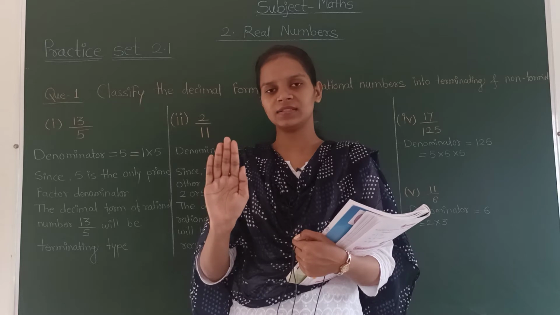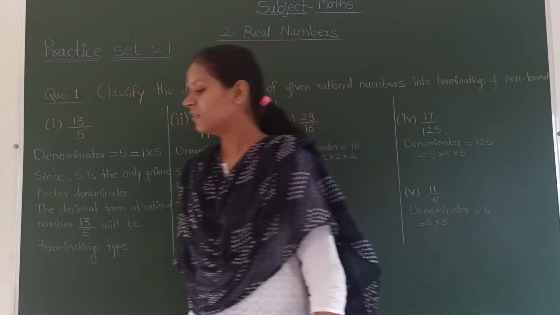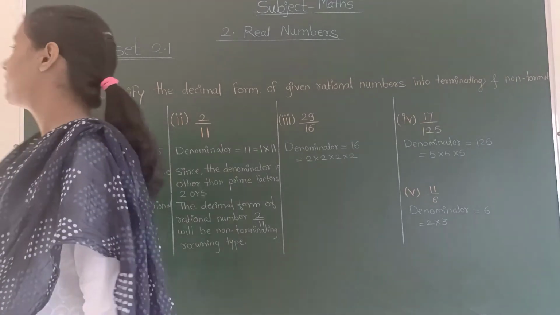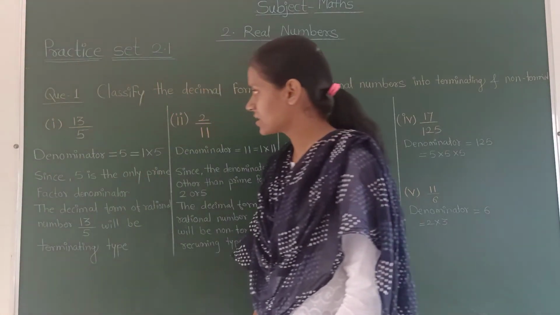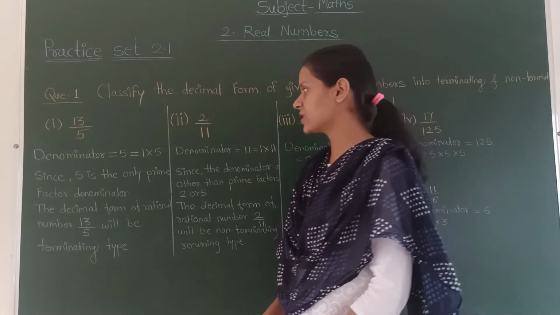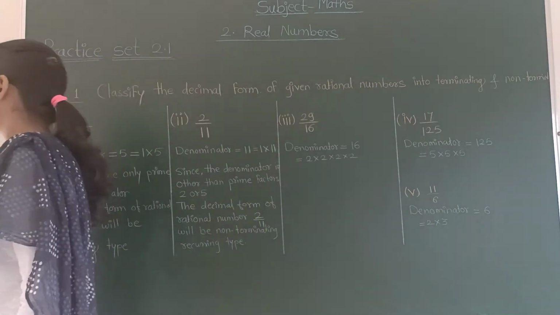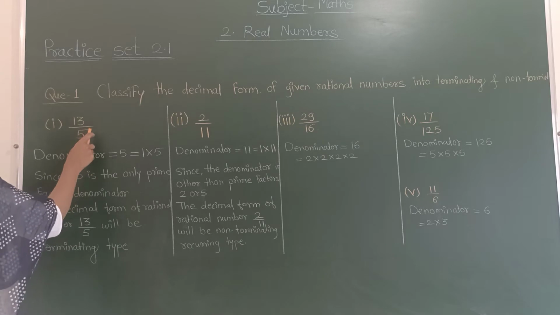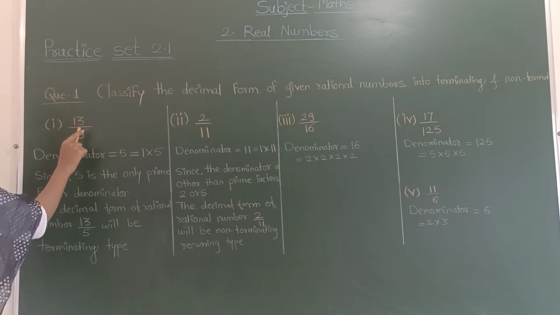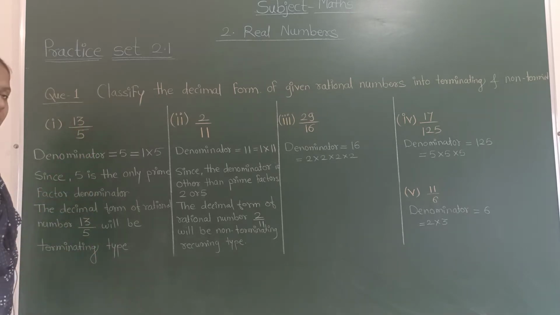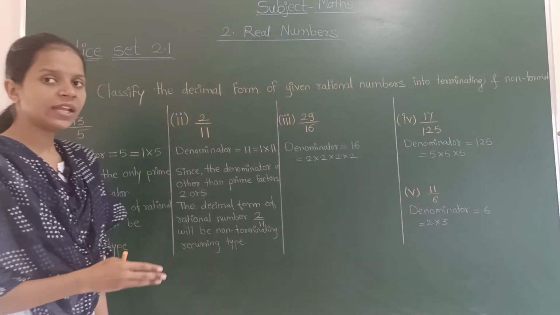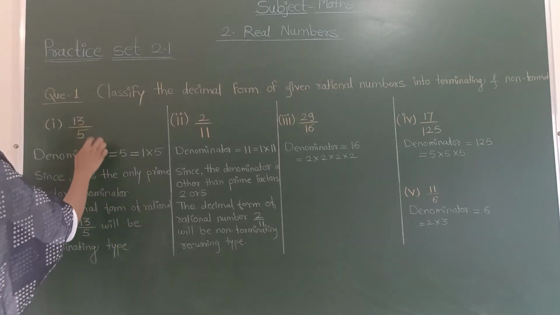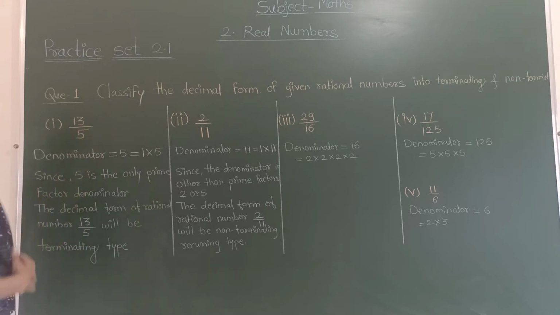So simple as that. Okay, see, we will solve question number first. I have written on the board the sub-questions from question number first. We have to classify whether the decimal form of the given rational number is either a terminating type or non-terminating recurring type. See, the first example is 13 upon 5.